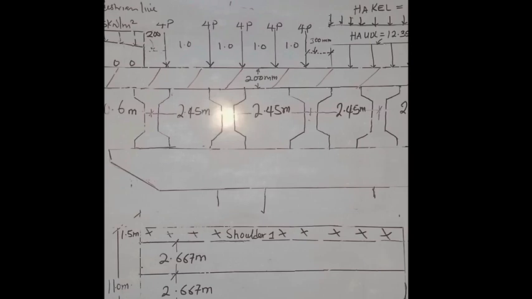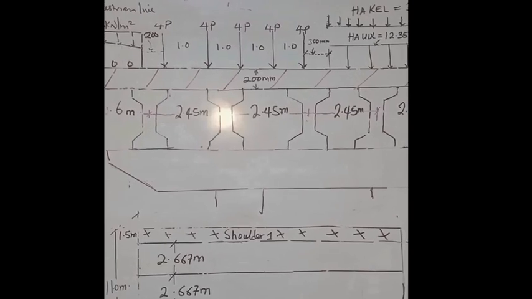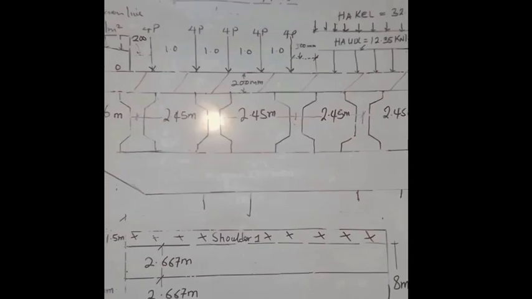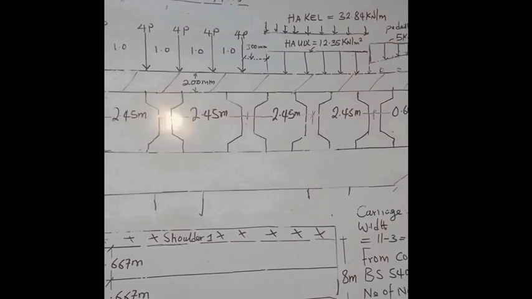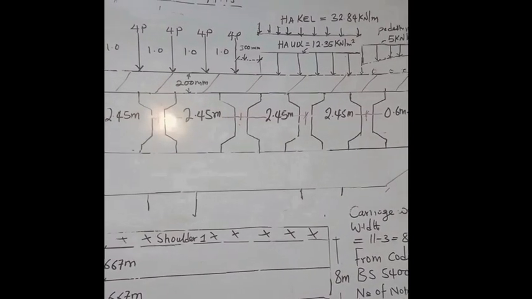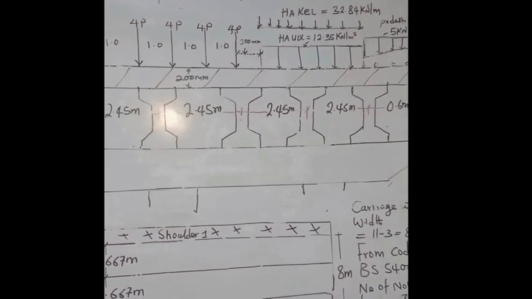Now, the next stage, we're going to be calculating the sectional properties of the I girder. First of all, what are the sectional properties we are going to work on? Number one, we'll get the area of the I section.